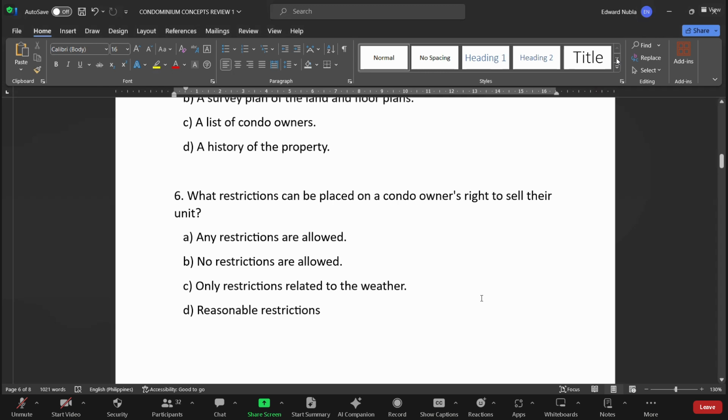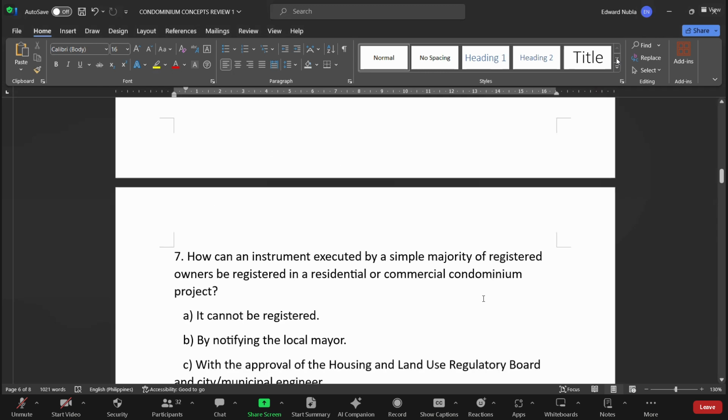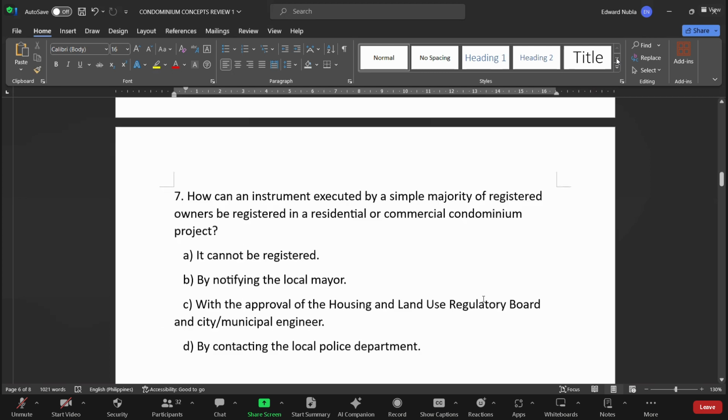Number 7. How can an instrument executed by a simple majority of registered owners be registered in a residential or commercial condominium project?